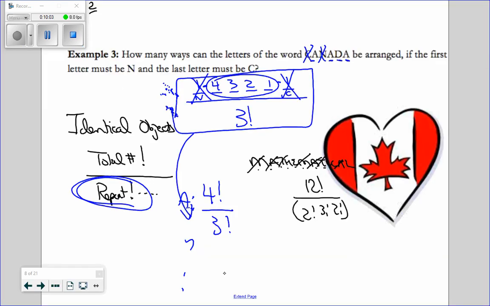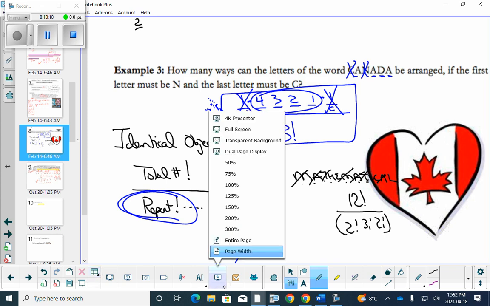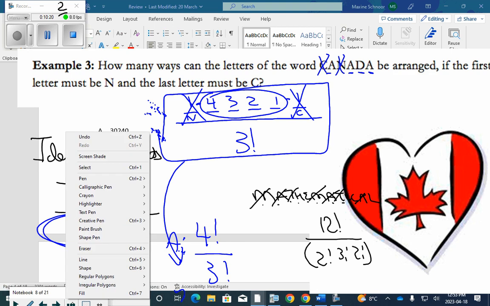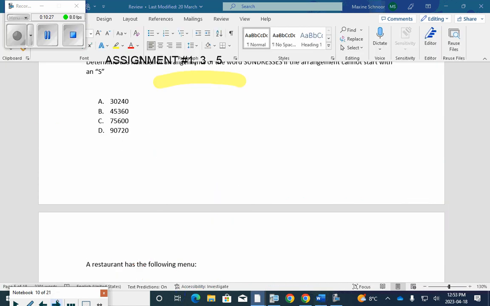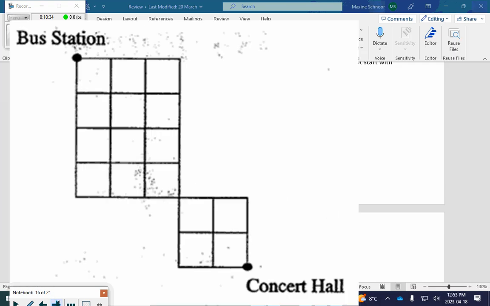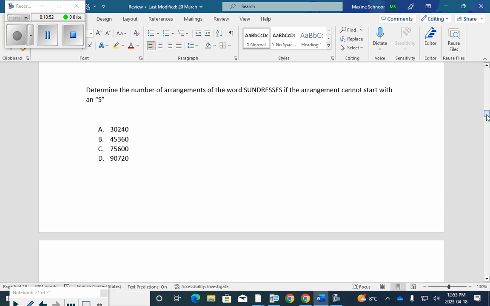I'll bring it right back. I don't know why that is shifted that way. There we go.